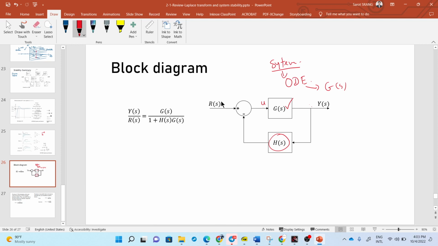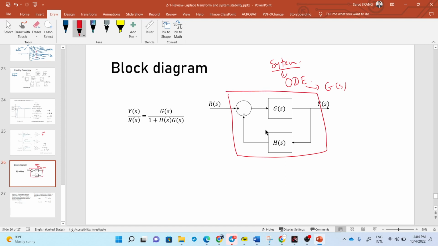And in some cases you need feedback control like this. Then you find the transfer function from the reference to the output here.